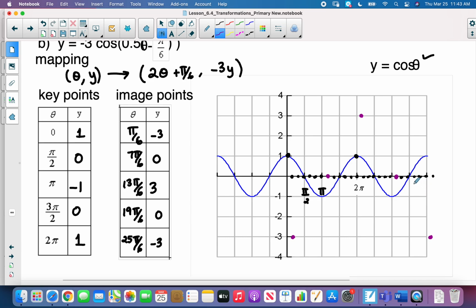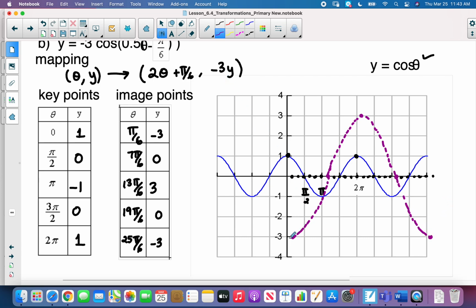Now I can see there is a huge stretch happening here. I'm starting off over here, going to this point here, then coming down and completing one period.